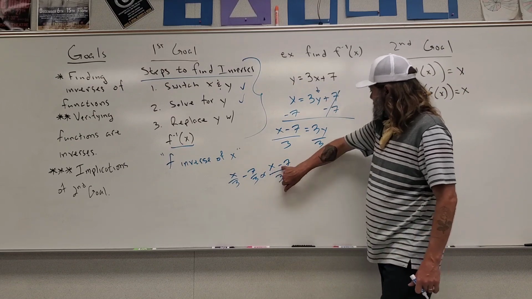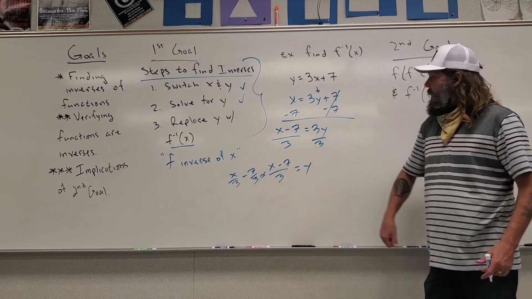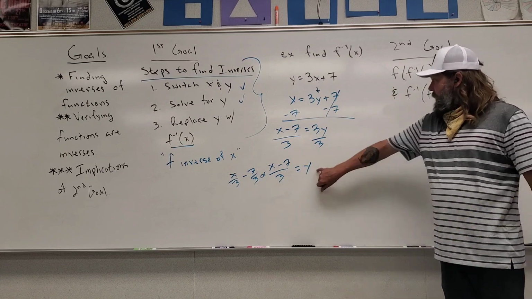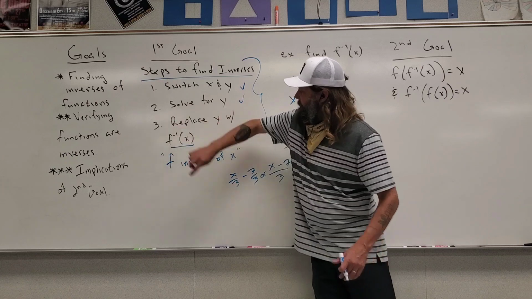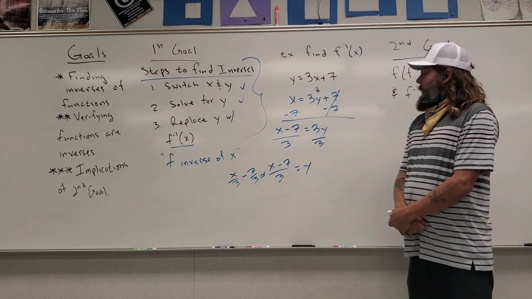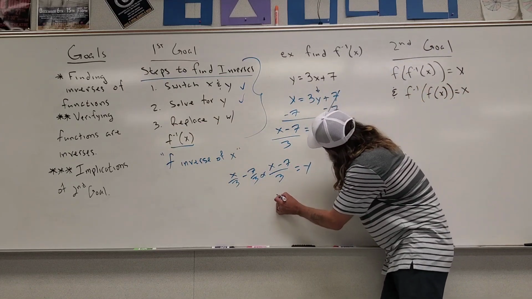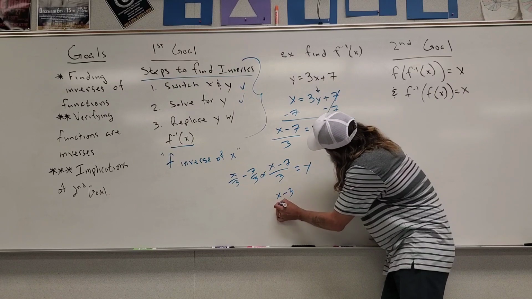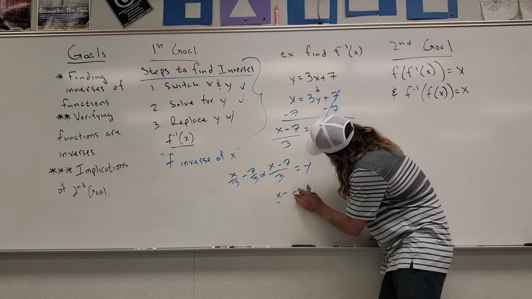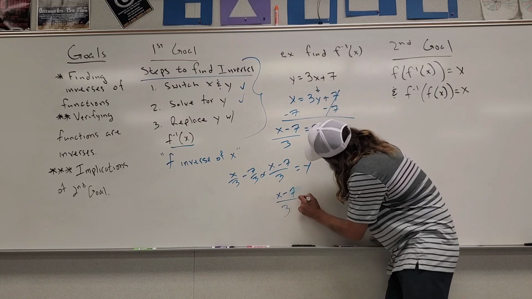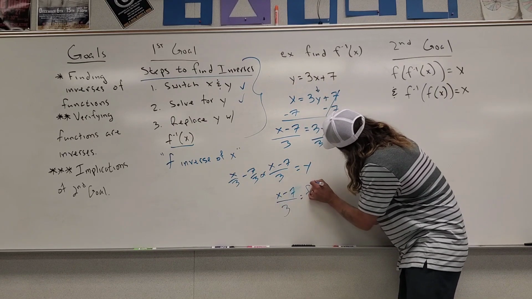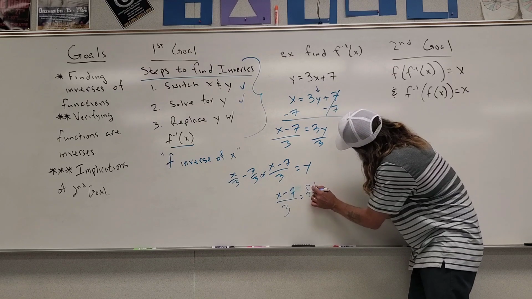We got x minus 7 divided by 3 is equal to y. But I want you to actually replace y with f inverse of x. That little -1 means inverse. Okay, so I now have x minus 7 divided by 3 is equal to f inverse of x.